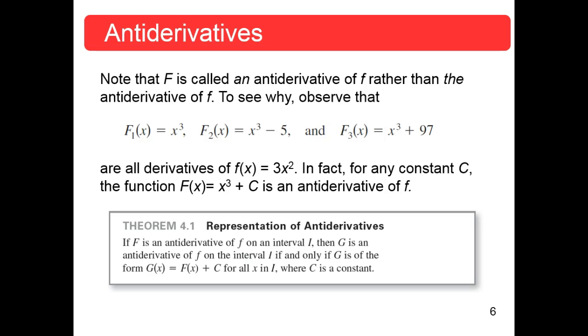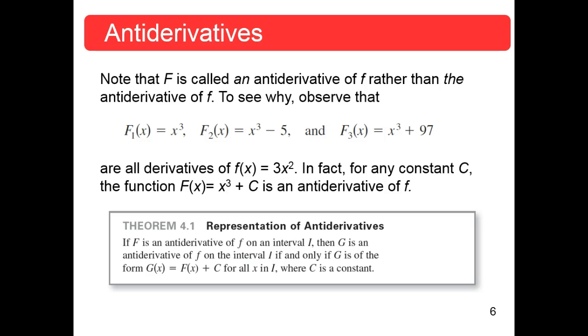In fact, for any constant C, and this book uses capital C's for the constants, and most other books I've ever used have used little c's or something else. So if you're saying the antiderivative of the function 3x squared, you say capital F of x is x cubed plus C, where C can be any constant in the world. Negative pi fourths, negative e over 15, whatever you want it to be. It's just some constant.